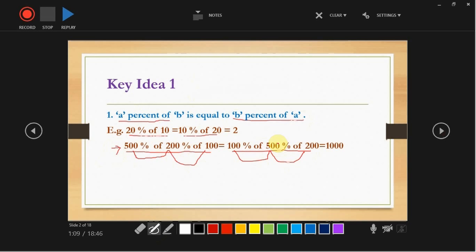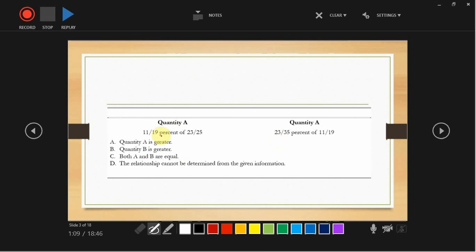With this key idea, we can solve the percentage problem in the exam in a quick second. For example, this is a quantitative comparison question.